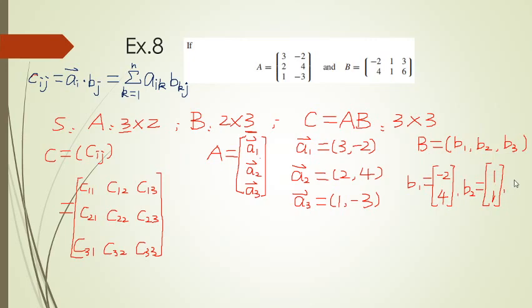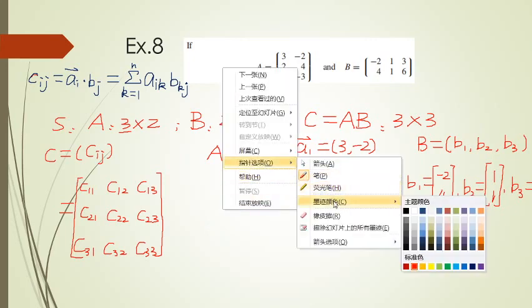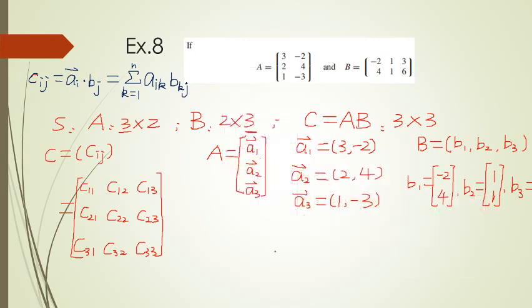And then B3 is the third column, 3, 6. Now, let me show you how we calculate C11. Let me give you some examples, then we can take the break.